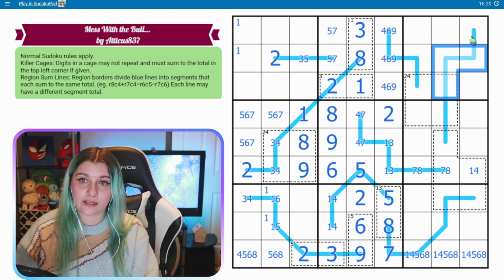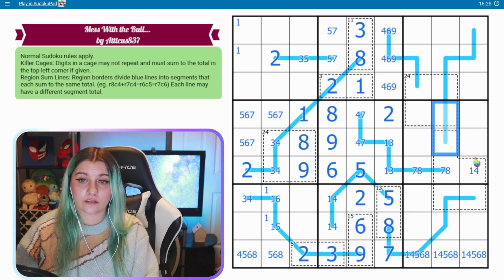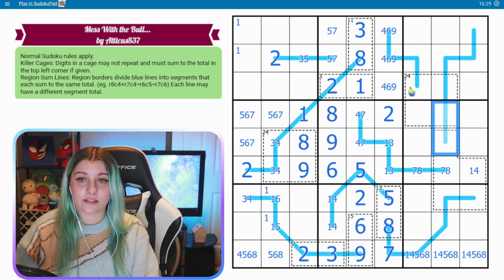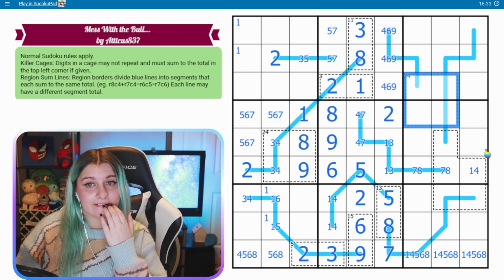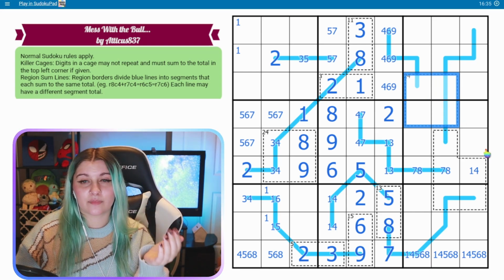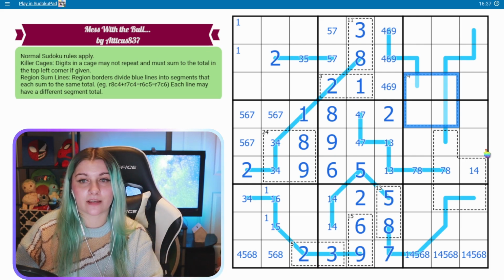Maybe this line? This is 10 at a minimum. That's probably fine. Something about the total of this cage, maybe. There aren't any numbers I wouldn't want to use because 9 plus 8 plus 7 is big enough to get 24.